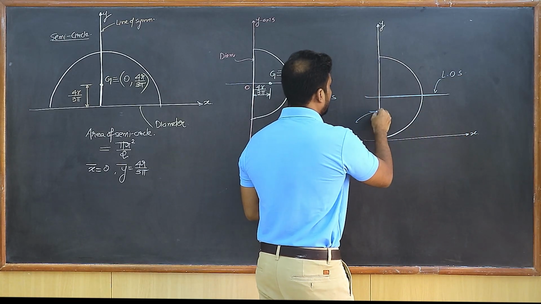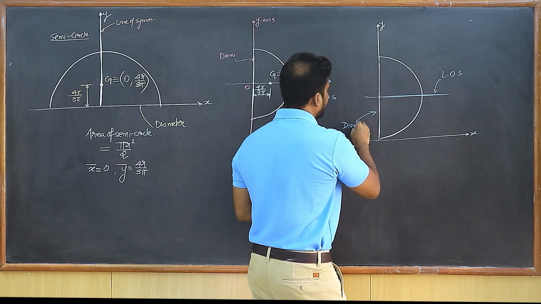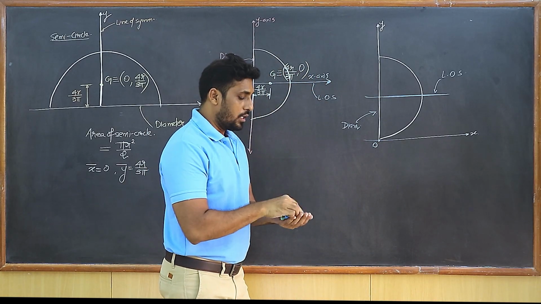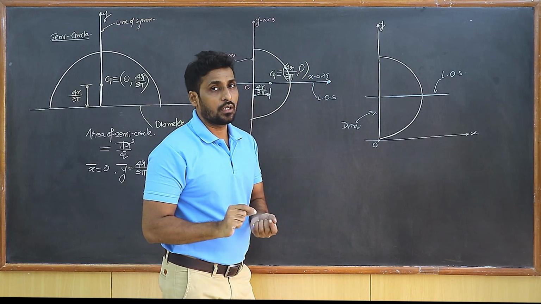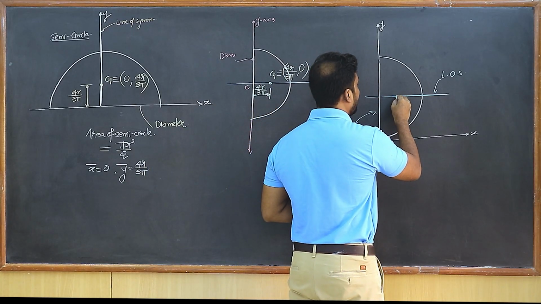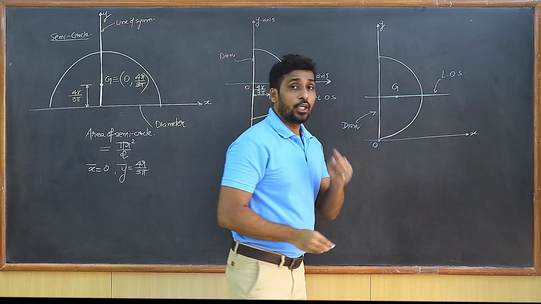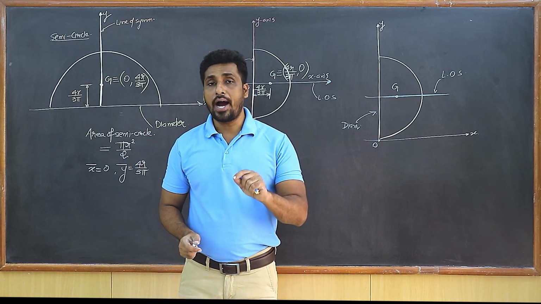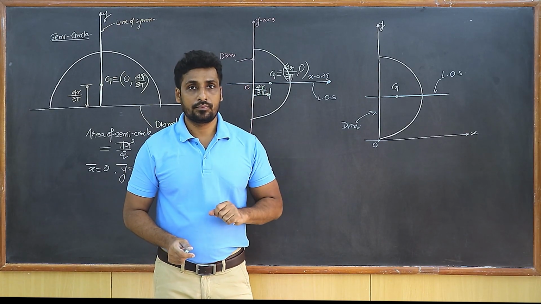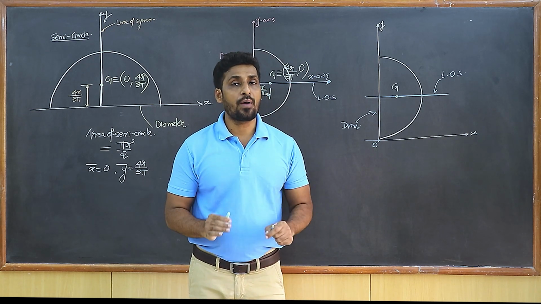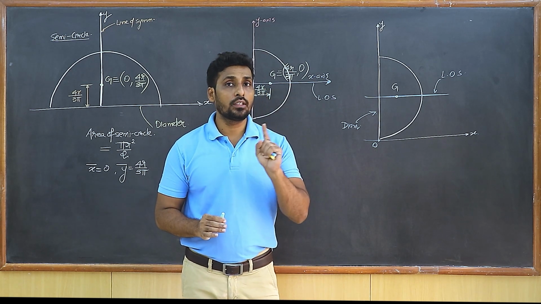This is a diameter which is lying on the y-axis, isn't it? That's the origin over here. So at this moment, the center of the semicircle is not at the origin. Here I want to tell the centroid G. The centroid will always be at a distance of 4r upon 3 pi from the diameter of the semicircle.